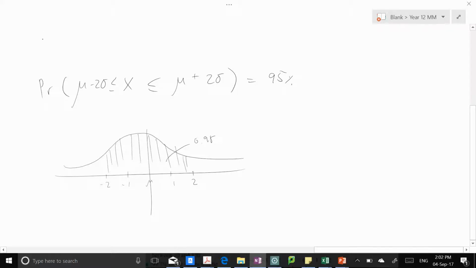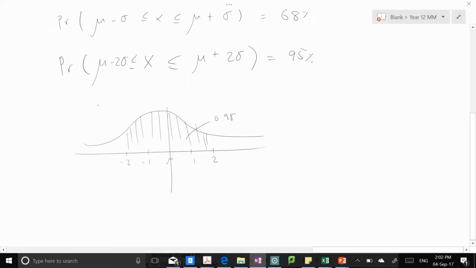So when you have mu minus 1 standard deviation and mu plus 1 standard deviation, this is 68% of the data. If you have 3 standard deviations, it is 99.7%.